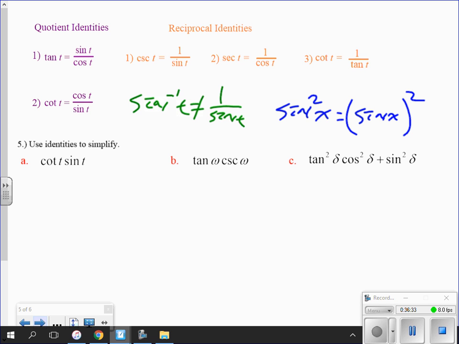Are we taking the sine of x squared, or are we taking the sine of x and squaring it? There's an important distinction, and by convention, this is what we do with our powers of trig functions. If we have a trig function raised to a power, we write the power on the trig function.